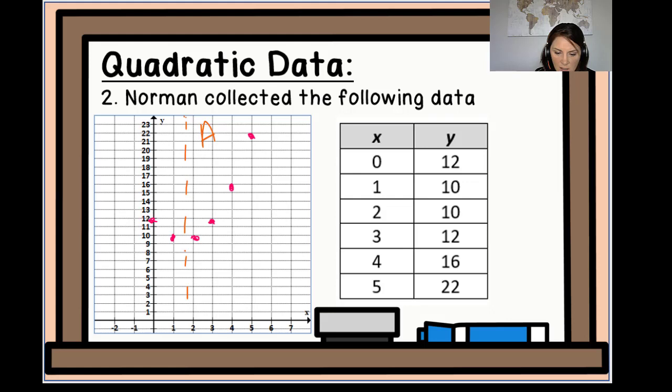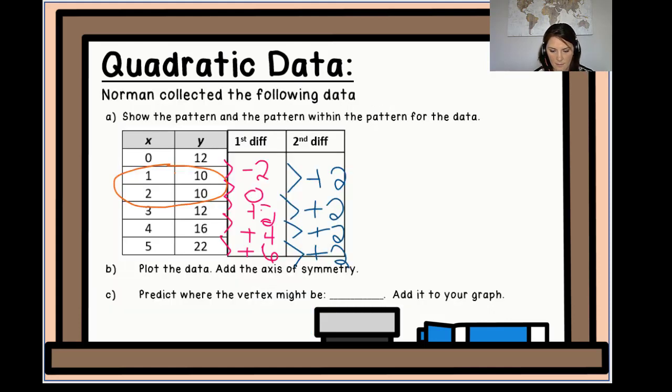So again, that's our axis of symmetry. So I'm going to abbreviate that AOS, and that's at the line x equals 1.5. So next we're going to make a prediction, where do we think the vertex might be? And then we're going to add it to our graph. Okay, so take a minute, think about where the vertex might be, and go ahead and add it to your graph.